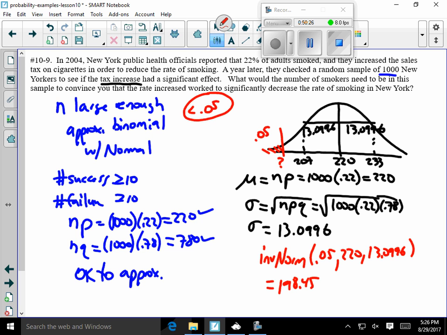So I'm going to round it down and say that if I saw 198 or fewer smokers out of that sample of 1,000, then that would tell me that the smoking rate has definitely lowered. It's very likely that the tax increase had a significant effect.